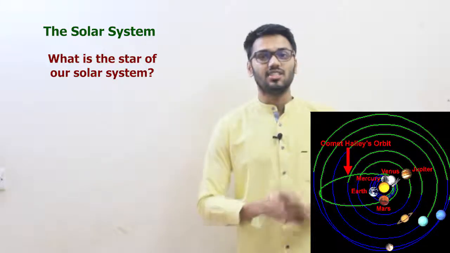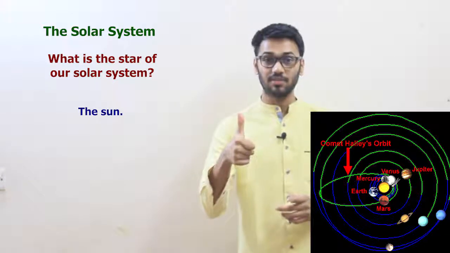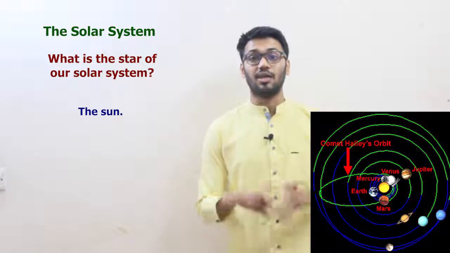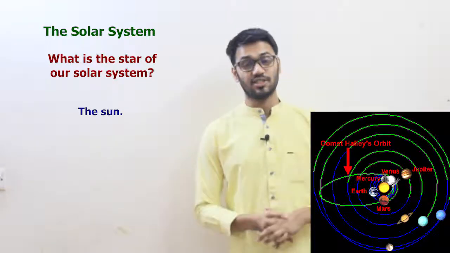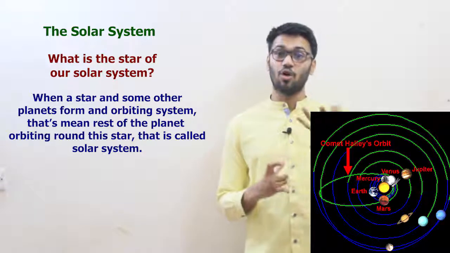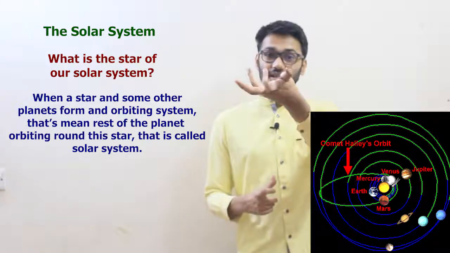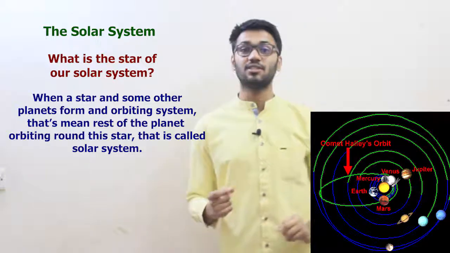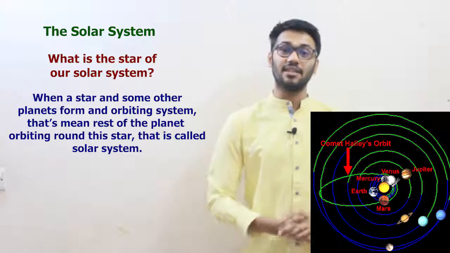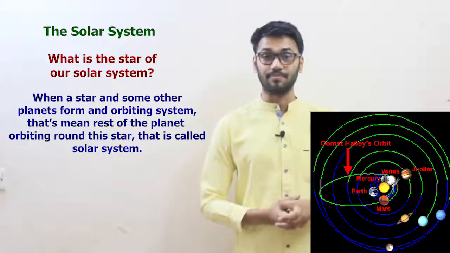What is the star of our solar system? The sun, right? This is what we call a solar system. When a star and some other planets form an orbiting system, that means the rest of the planets are orbiting around this star. That is called the solar system.